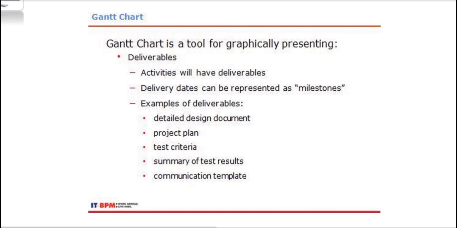Milestones refers to the important points in the progress or development of a project. Examples of deliverables are detailed design document, project plan, test criteria, summary of test results, and communication template.